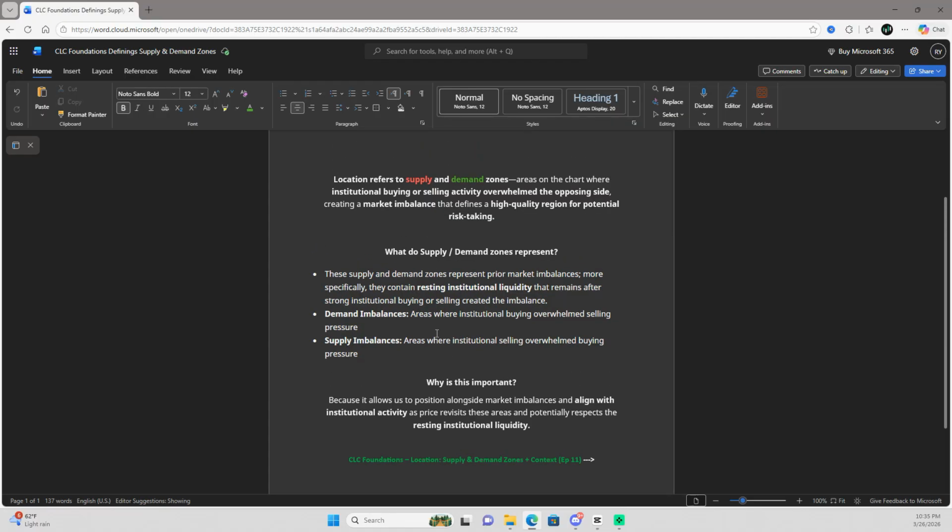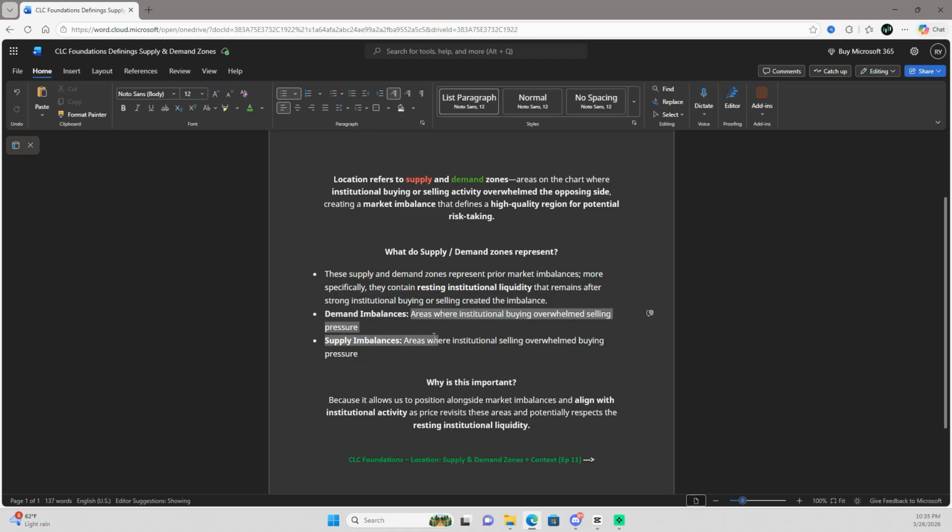So demand imbalances are areas where institutional buying overwhelms selling pressure. The definition that I've thought of myself is that the willingness of buyers to buy at that location was stronger than the willingness of sellers to sell at that location. That is my definition of a demand imbalance.